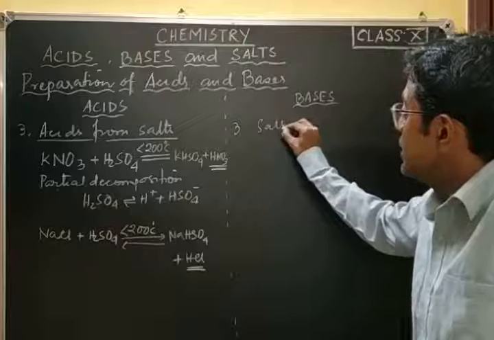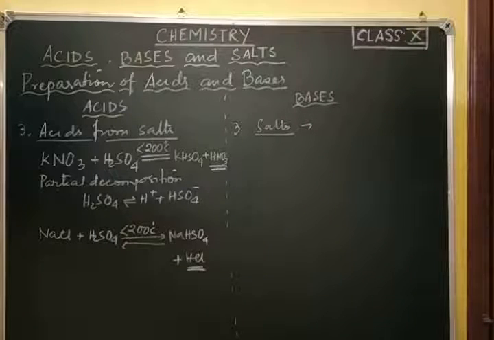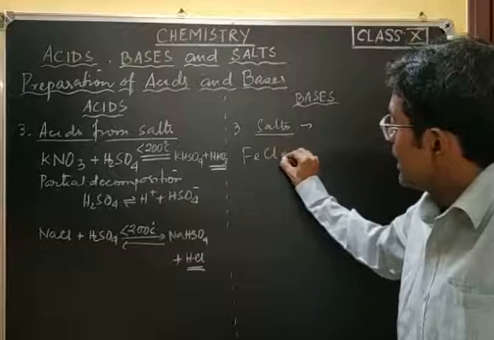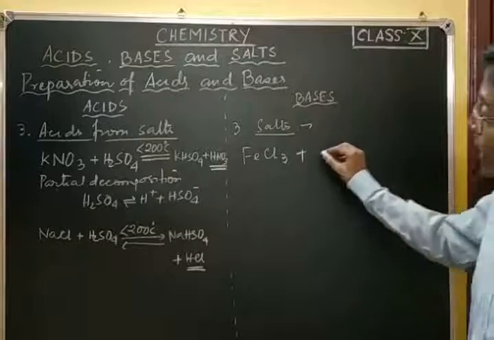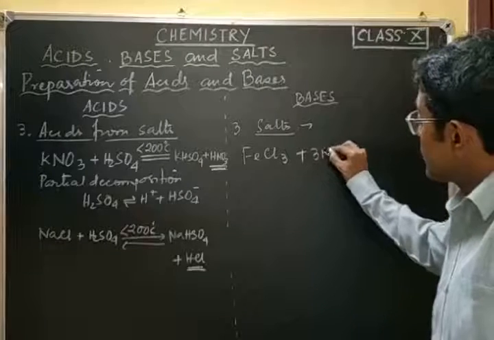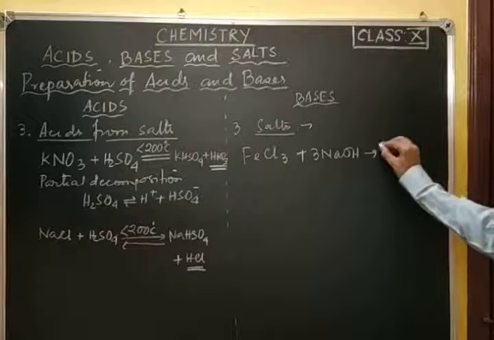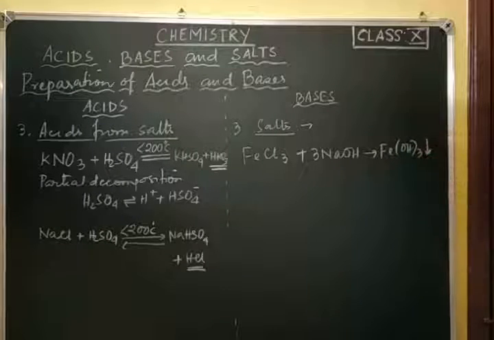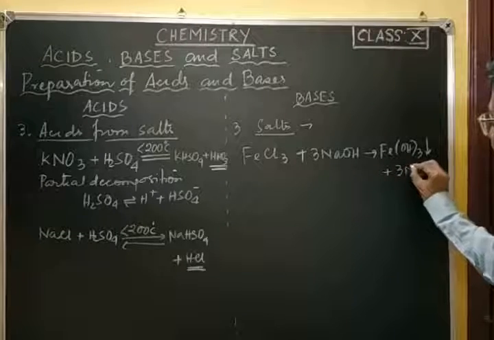So see here, from salts, how you can obtain bases. There are few bases which on reaction with a base give another base. Say I am taking an example of the salt iron chloride, ferric chloride. When it reacts with sodium hydroxide, 3NaOH, another base is produced, that is Fe(OH)3. In analytical chemistry, we will see this type of precipitate is obtained, plus 3NaCl.